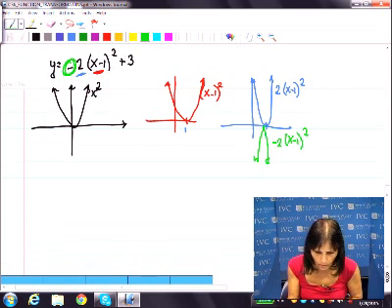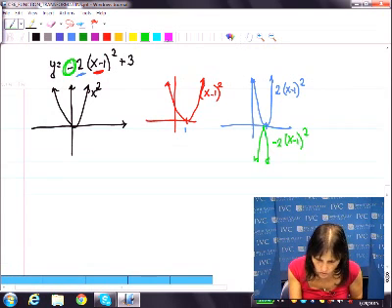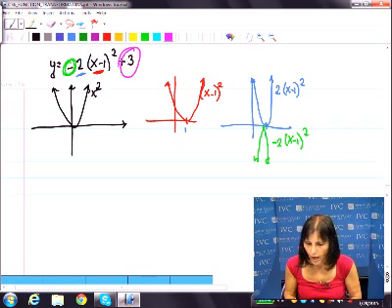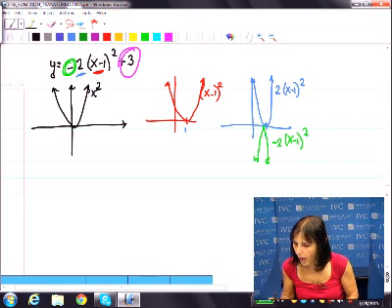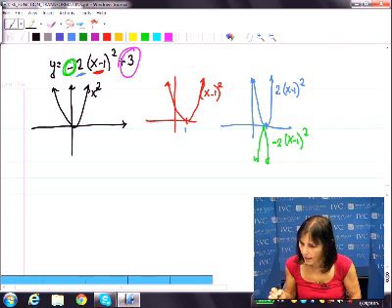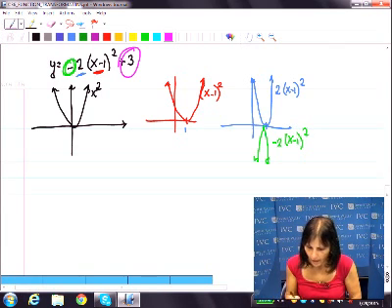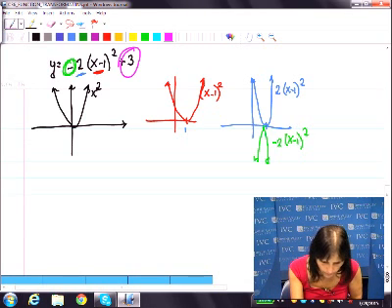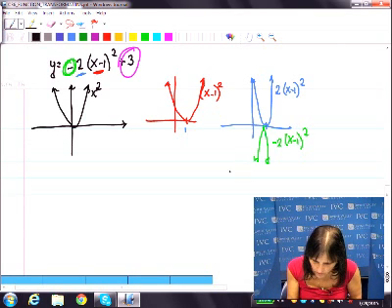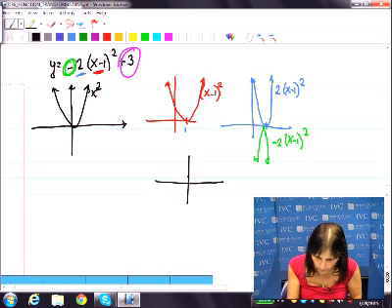What else do I do? Here it is. Let's do this in purple. I'm going to move that thing up. Okay? So x minus 1 squared, and then I'm going to move it up. So I'm going to take this upside down, something like this, skinny.